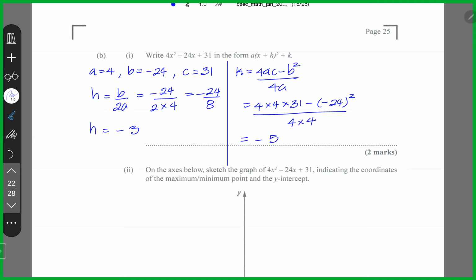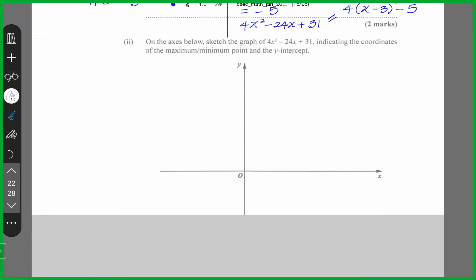And so 4x squared minus 24x plus 31 is equal to A, which is 4, into x plus h, which is minus 3, squared, plus k, which is minus 5. So 4x squared minus 24x plus 31 is 4 into x minus 3 squared minus 5.